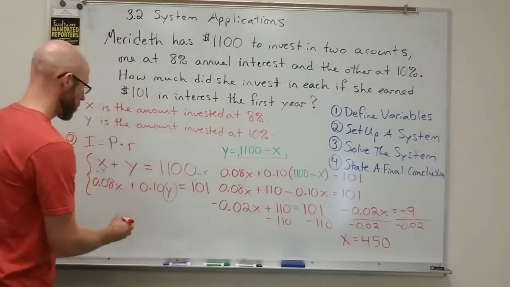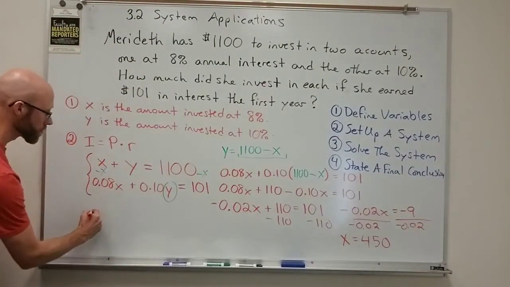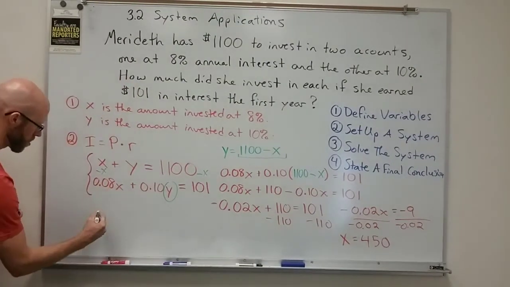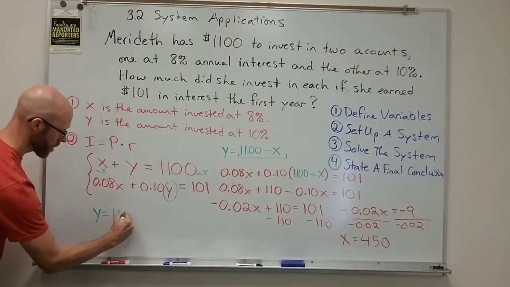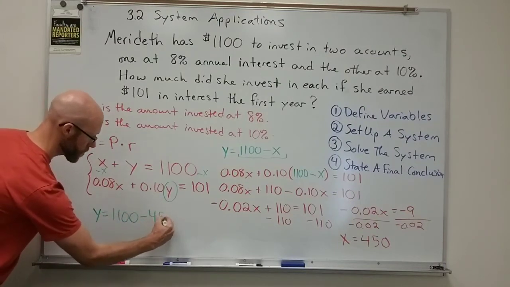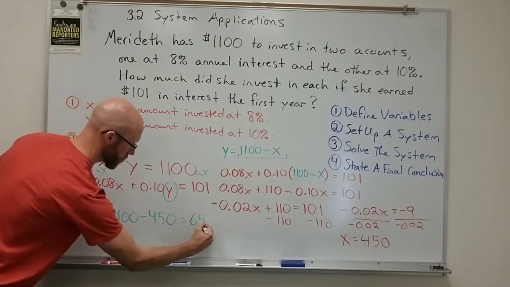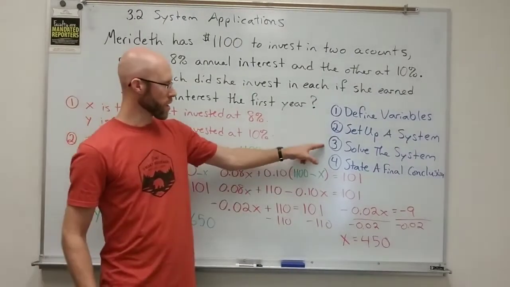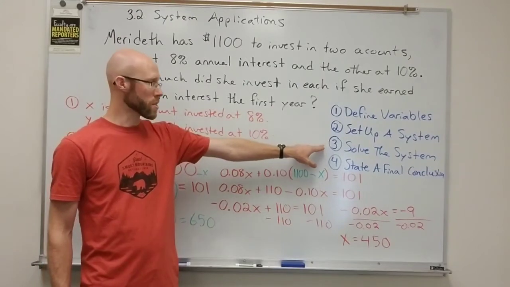So y equals 1100 minus the 450, which will give us 650, right? So all that work gets me through step 3, solving the system.